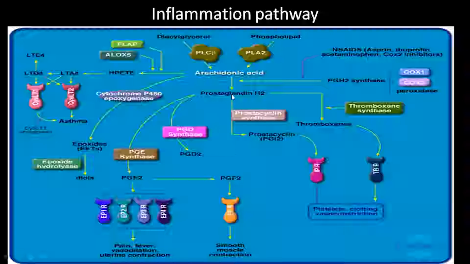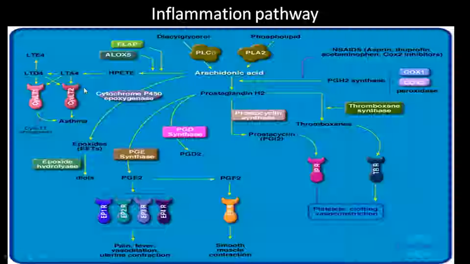Now the arachidonic acid goes down into the prostaglandin pathway or the leukotriene pathway. In the prostaglandin pathway, we have enzymes like cyclooxygenase 2, which converts arachidonic acid into PGH2, and the PGH2 is converted by another enzyme called PGE synthase, which leads to pain, fever, vasodilation, and so on.